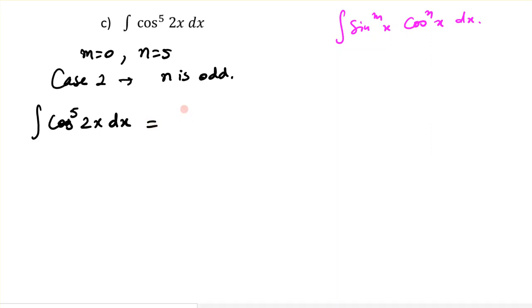So first we're going to rewrite our cosine raised to an odd power, so separate the even power and another copy of cosine, and then we're going to use the relationship that cosine square x is equal to 1 minus sine square x.